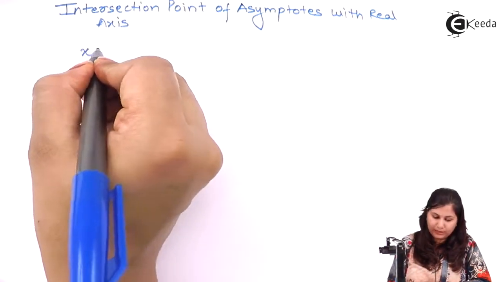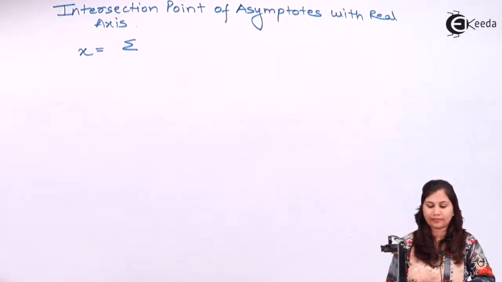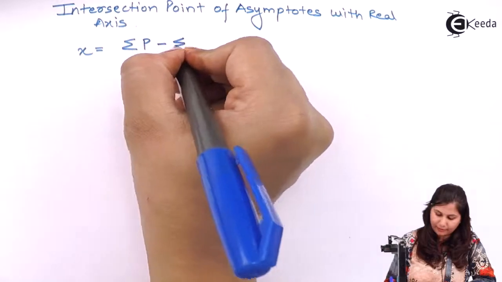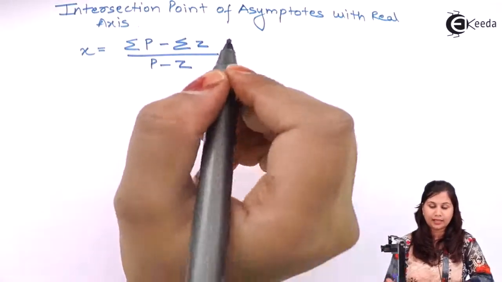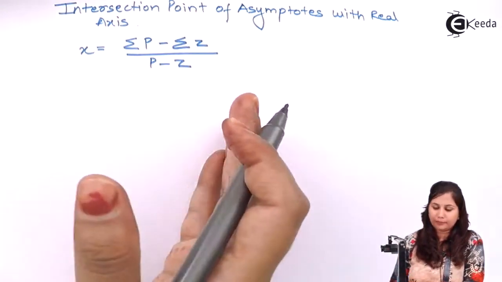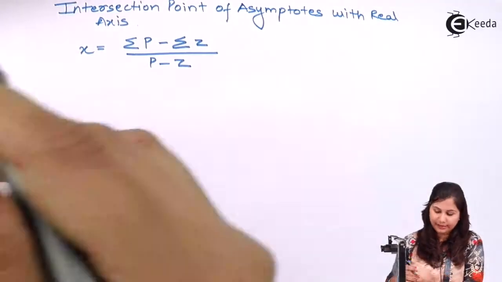We have a formula x equals to summation of p minus summation of z upon p minus z. So summation of p means that we have to sum up all the poles, and then summation of z means we have to sum up all the zeros.